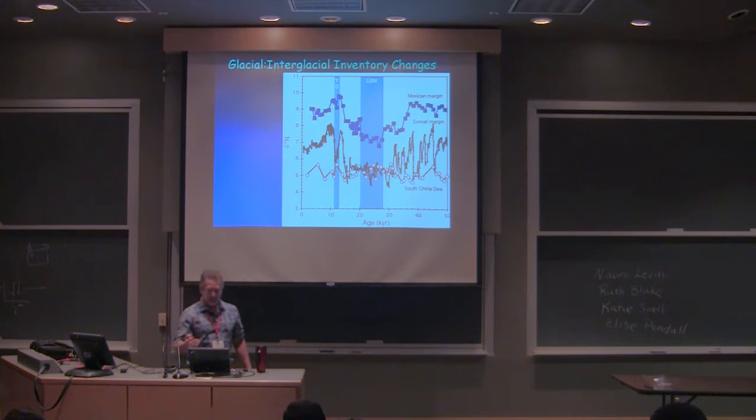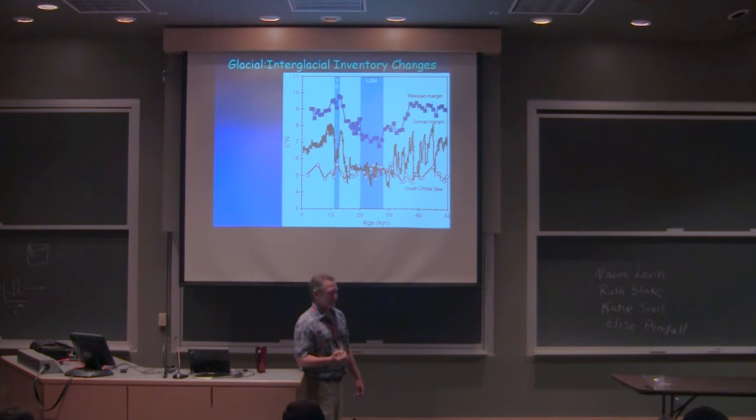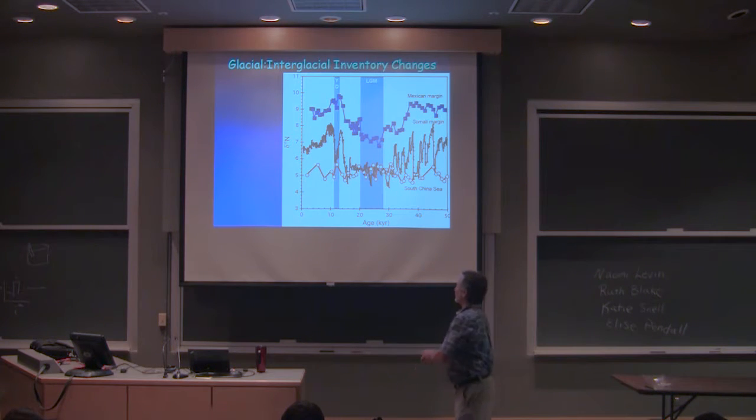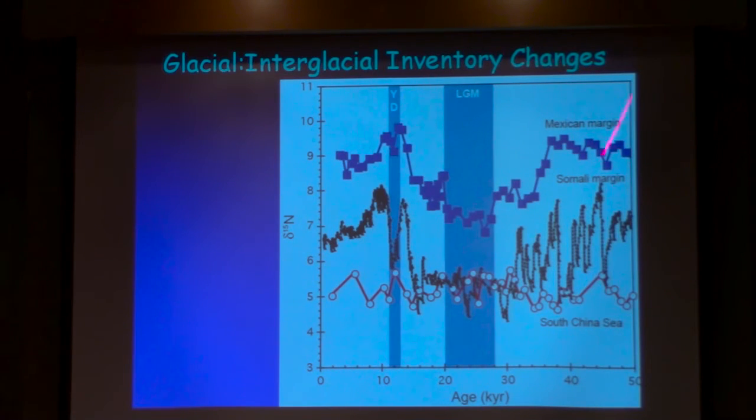We can look at the change in the nitrogen isotopic composition of sedimentary nitrogen with time in three regions: the Mexican margin, the Eastern Tropical Pacific, the Somali margin, the Arabian Sea, and a region in the South China Sea that's completely separated from surface water denitrification, or intermediate water denitrification.